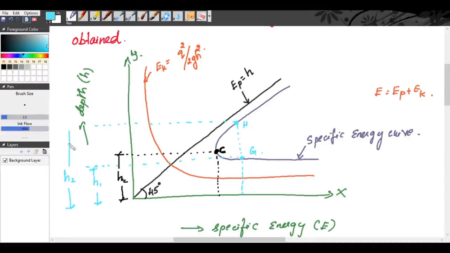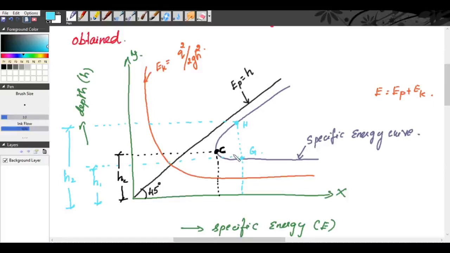So this H1 and H2 are called alternate depths.